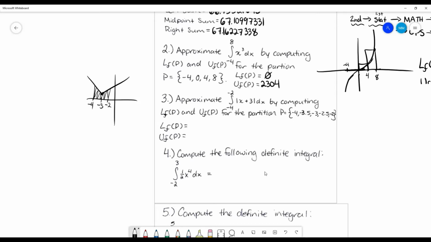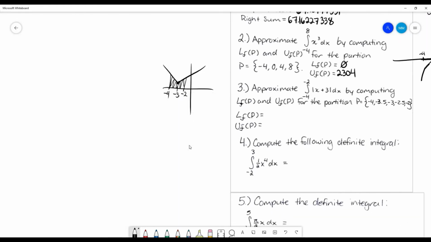So if we're just using the sums, we can just do it that way. So that lower sum is going to look something like this, because we don't want to overestimate. Which, that just looks like it would be 0 though, because that vertex should be like that, right?